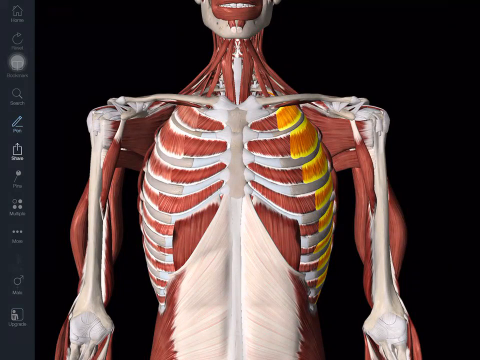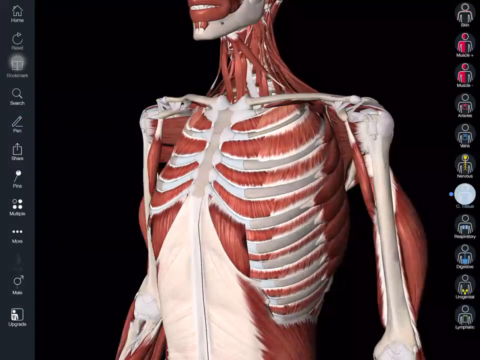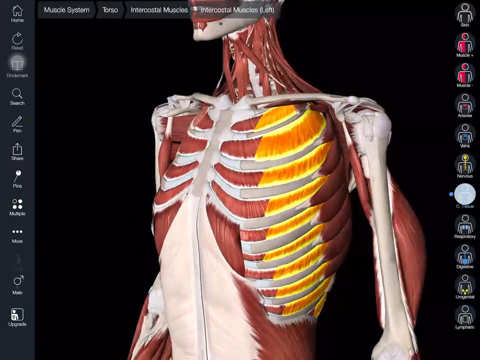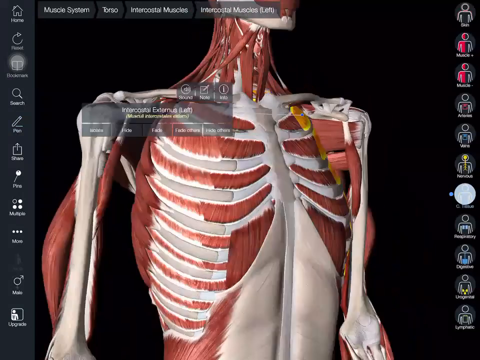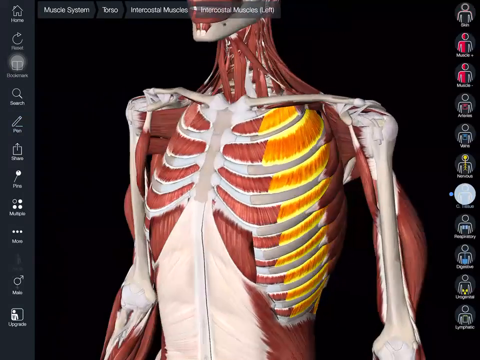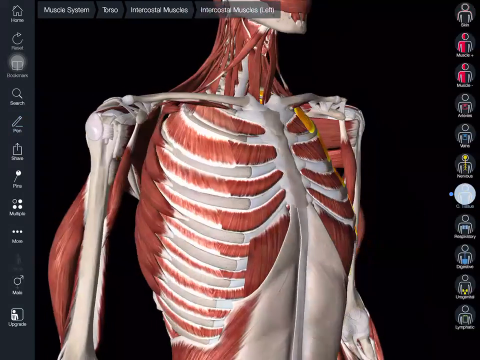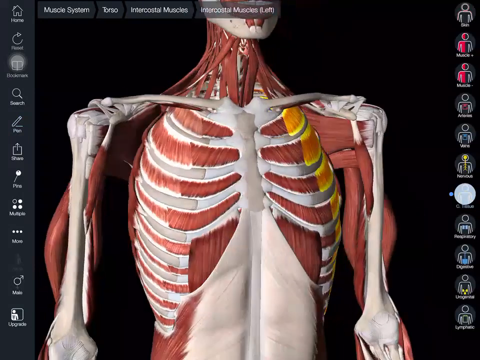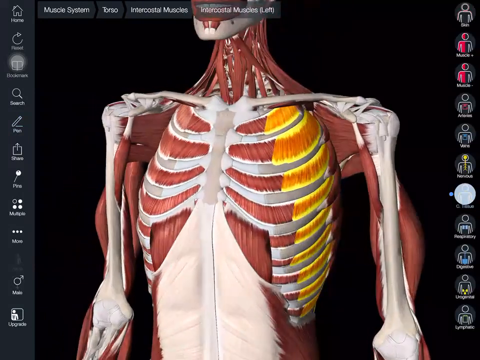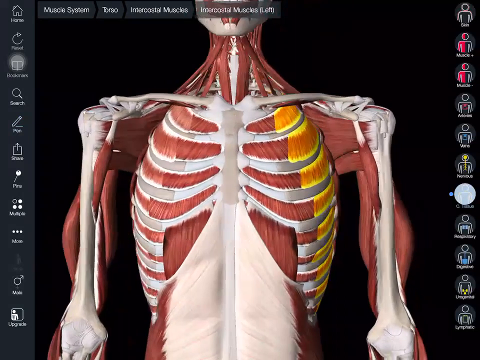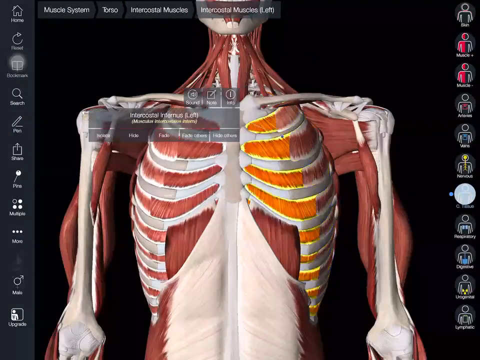All right. So as we see over here, we have the external intercostal muscles, which are the outermost muscles found in the intercostal space. Once you're looking at the external intercostal, then more anteriorly, deep to it, you find the internal intercostal muscles.